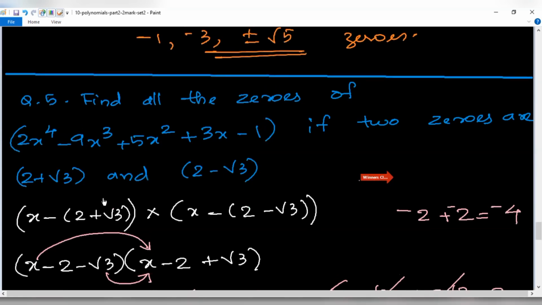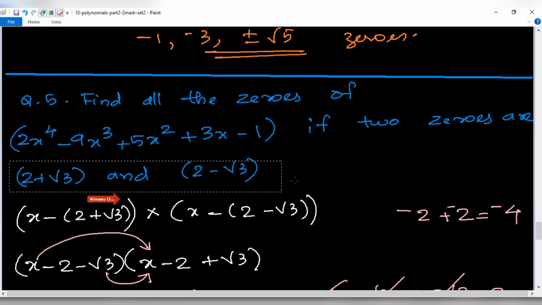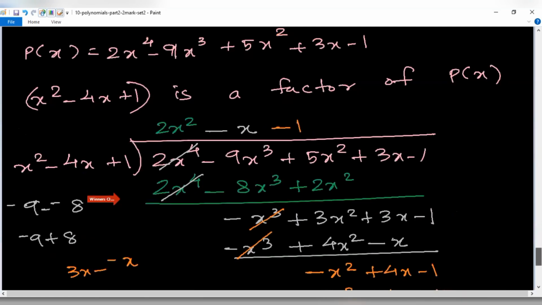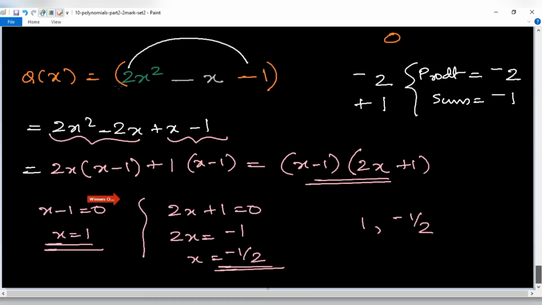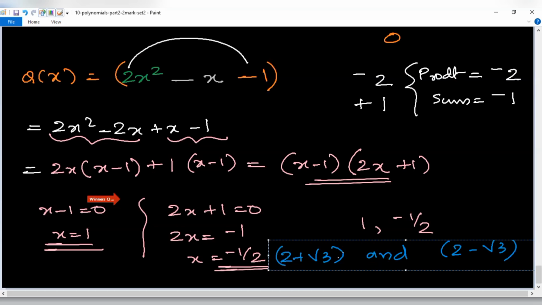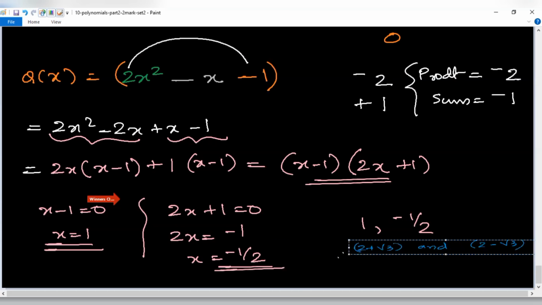See these two, 2 plus root 3 and 2 minus root 3 are zeros. So these four are the zeros of the given polynomial. Okay, hope all of you understood. Thank you.